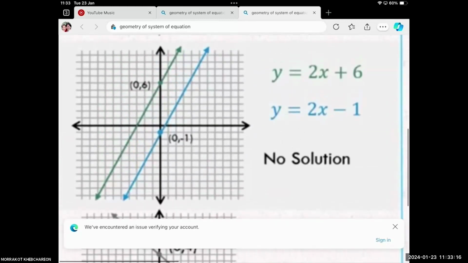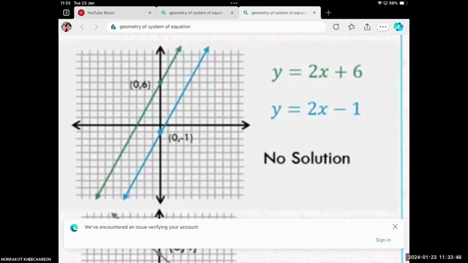And the other one is called no solution. No solution means you have 2 lines which are parallel to each other. No intersection point for these 2 lines, okay? So this kind of no solution. There are going to be only 3 cases. 1 solution, 2 lines cut at one point; no solution, parallel; and exactly the same line.